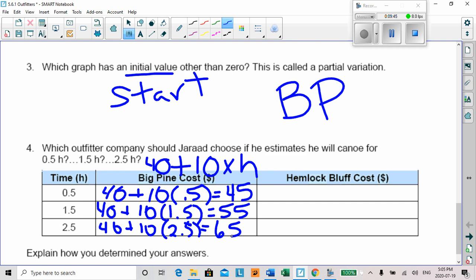For Hemlock Bluff, all we have to do to figure out the cost of it is to take the number of hours and multiply by 30.